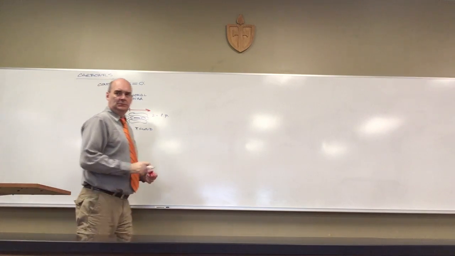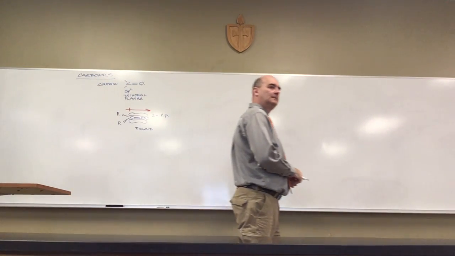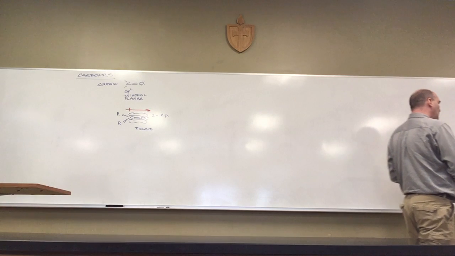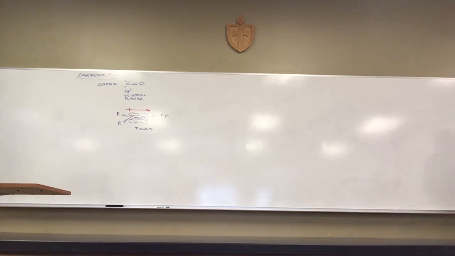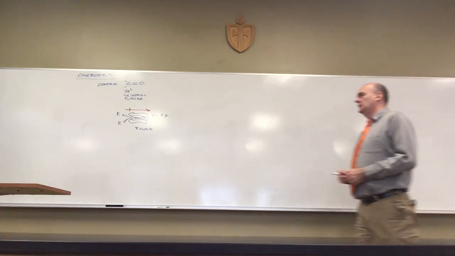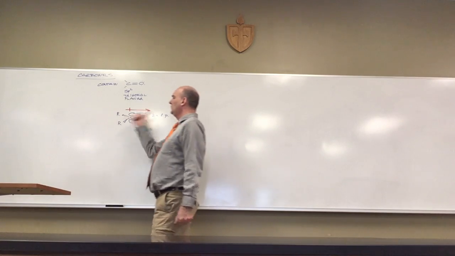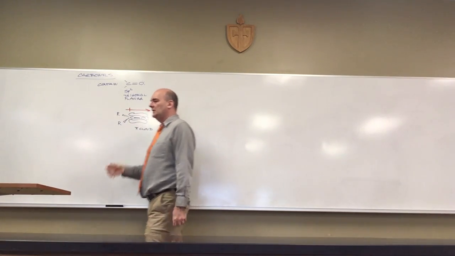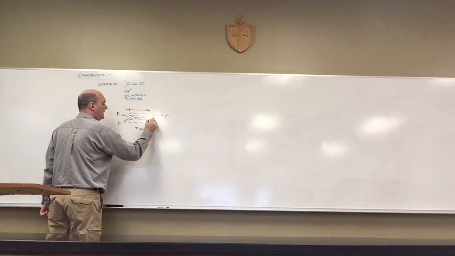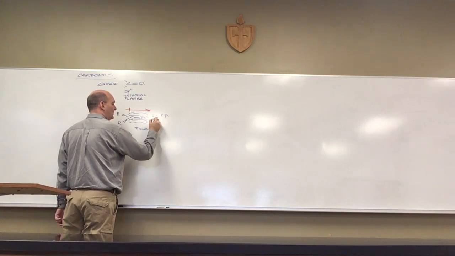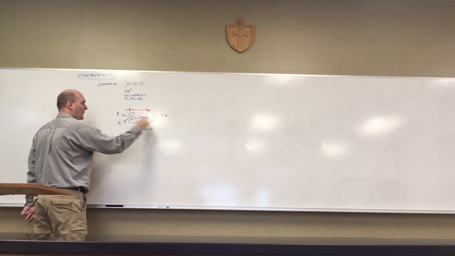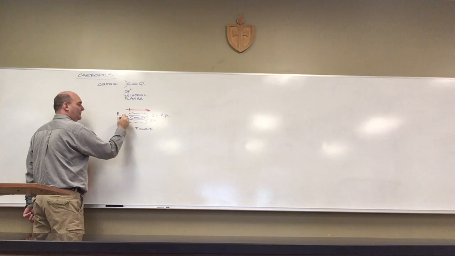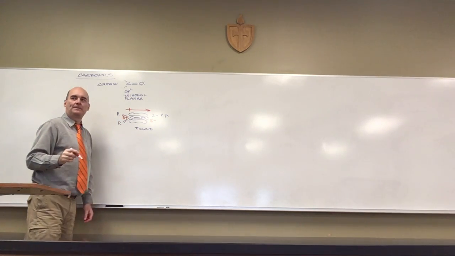That bond is polar. Oxygen is the electronegative atom in this bond, and we'll be pulling electrons this way, which means this oxygen is a little bit hot, and this carbon is a little bit cold.